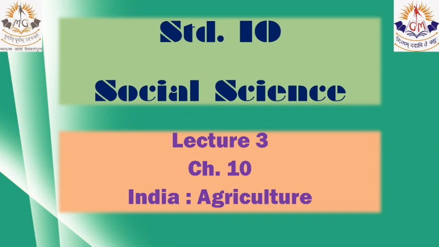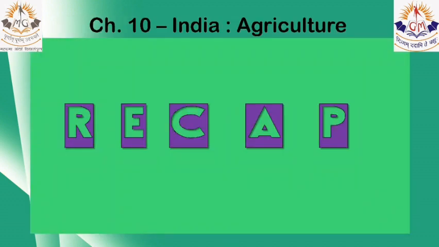So prepare accordingly. We have already completed those chapters, so it will be easier. Material is available with you. If material is not there, you can WhatsApp me so that arrangement can be made to provide you with the PDF of the material.